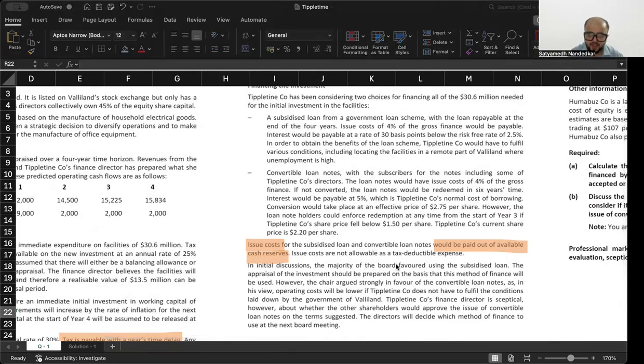In this case, total funds needed are a particular number. How much money do you need? You need 30,600. Issue cost will have to be calculated, but how has this issue cost been paid? This issue cost would be paid out of available cash reserves.